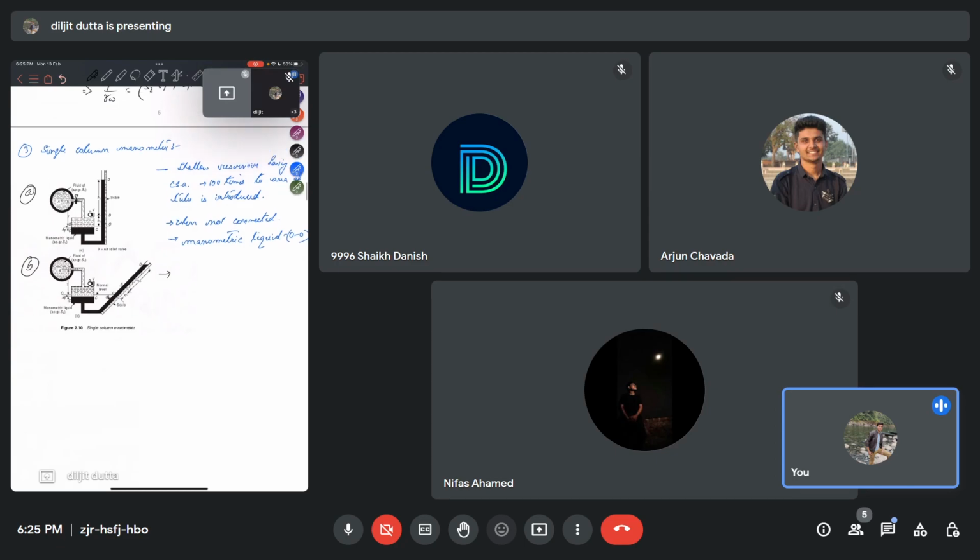So here also it is the same. Initially, here is a valve, which I am indicating with my pen. If we close the valve, the pipe is not connected to the reservoir. Initially we have only filled the reservoir with mercury.